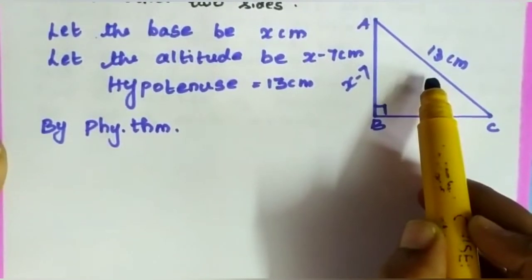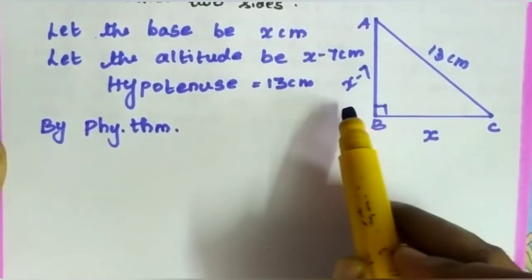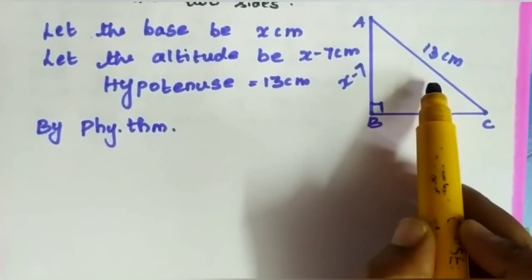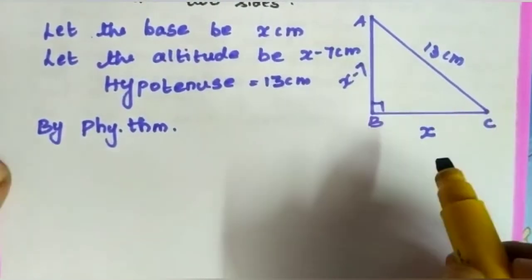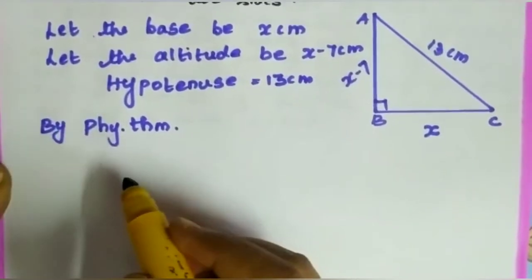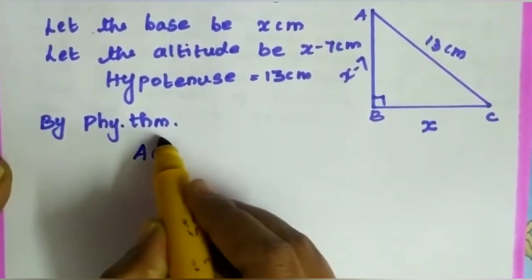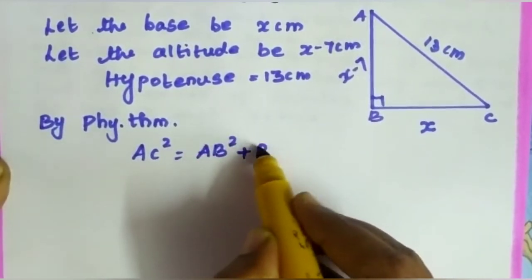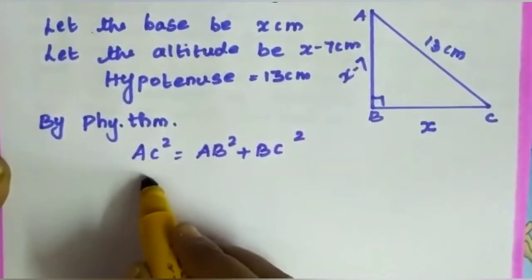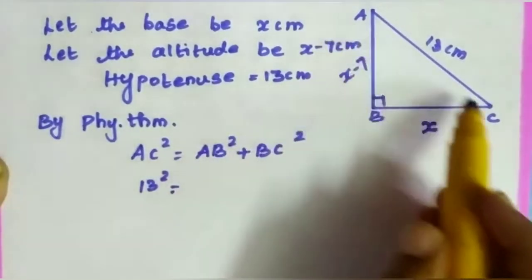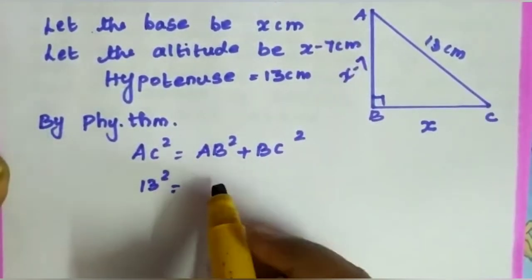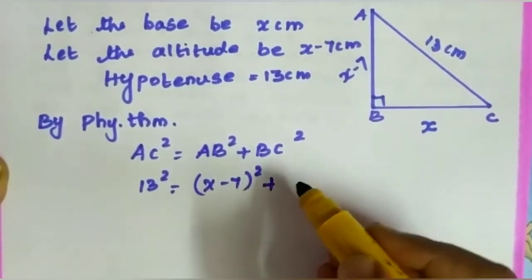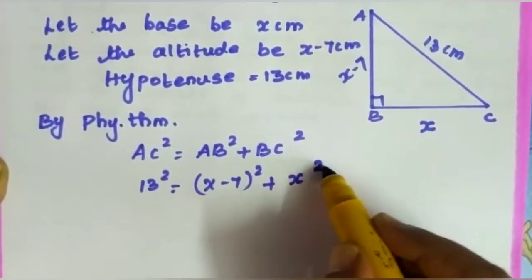The square of the hypotenuse is equal to the sum of the squares of the other two sides. That is, AC square is equal to AB square plus BC square. 13 square, hypotenuse AC is 13, AB is x minus 7 the whole square, plus BC is x square.